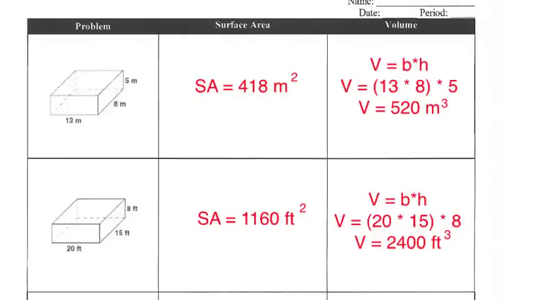Now for the second page, you had to calculate the surface area and also the volume. So for the first problem, the surface area is 418 square meters and the volume is 520 cubic meters. For the second problem, the surface area is 1,160 square feet, and for the volume, it's 2,400 cubic feet.